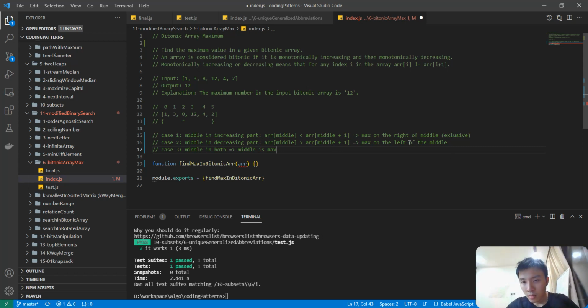So here max is on the left of the middle but inclusive, and it will include this case as well, which is middle is max, right?